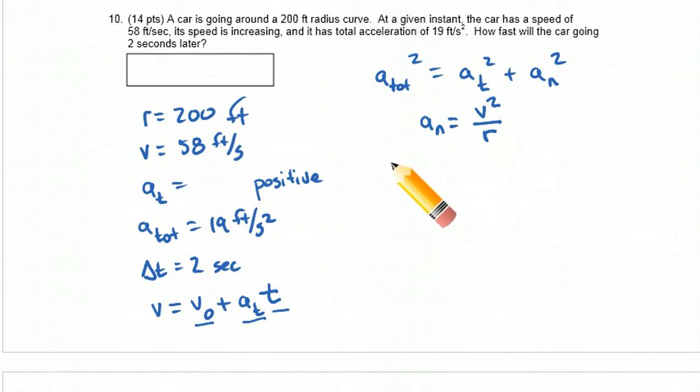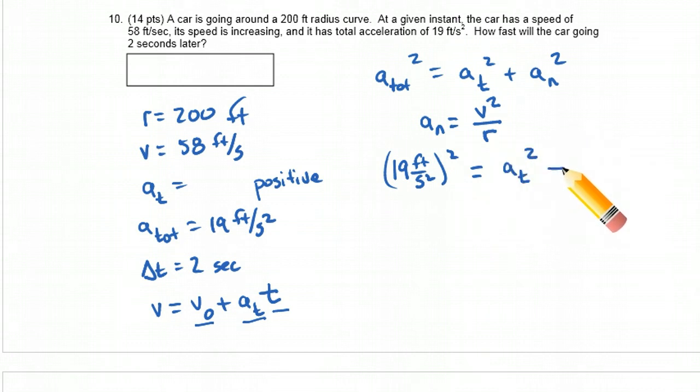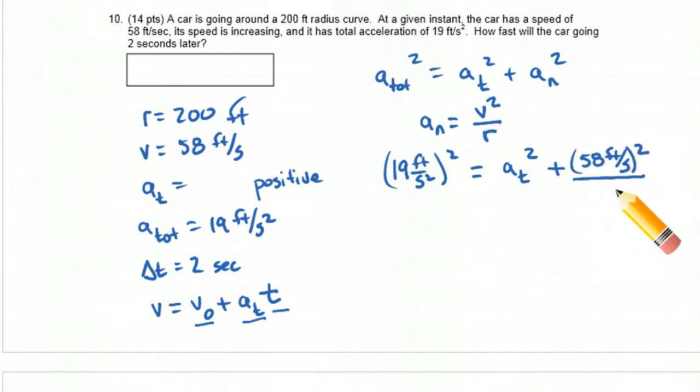Okay. So we can write out this equation as the total acceleration, 19 feet per second squared, is equal to a sub t squared plus v squared, which was 58 feet per second quantity squared, over r, which was 200 feet, and we have to remember this is our a sub n, and so this whole quantity gets squared.